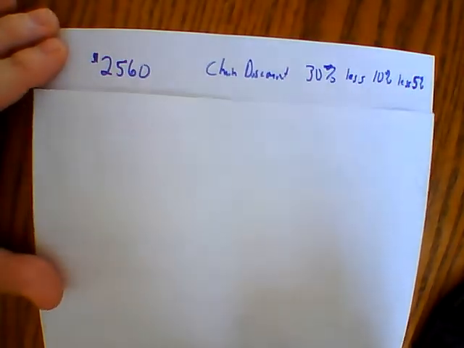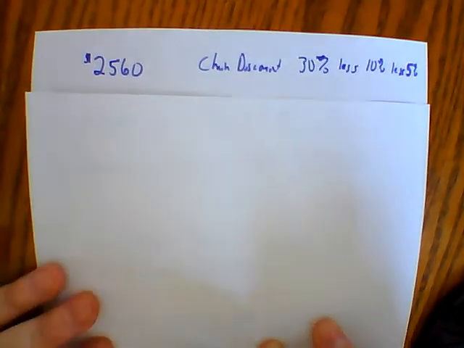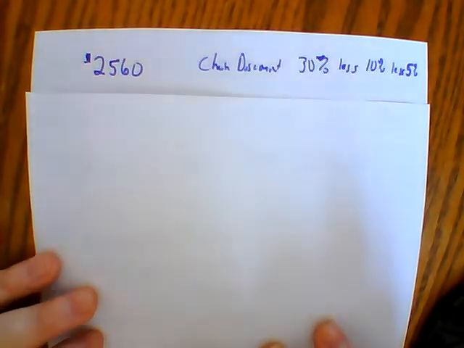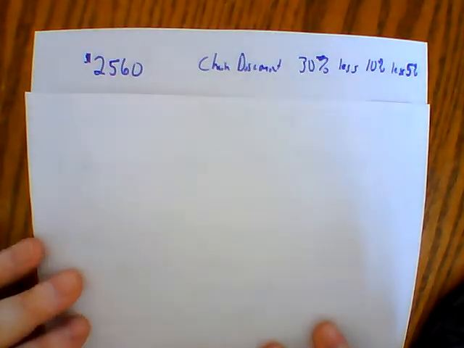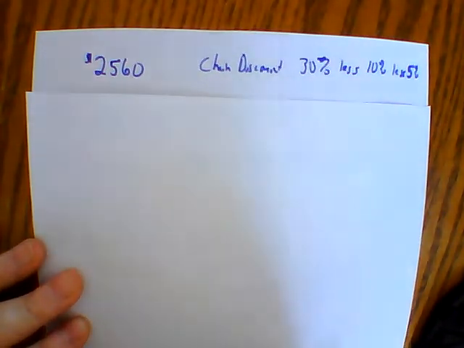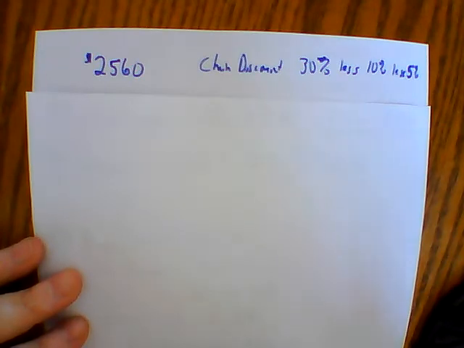The next part, questions 3 and 4, talks about a list price for a model 36XCL motorboat of $2,560. They say you can get 30% less 10% less 5%.